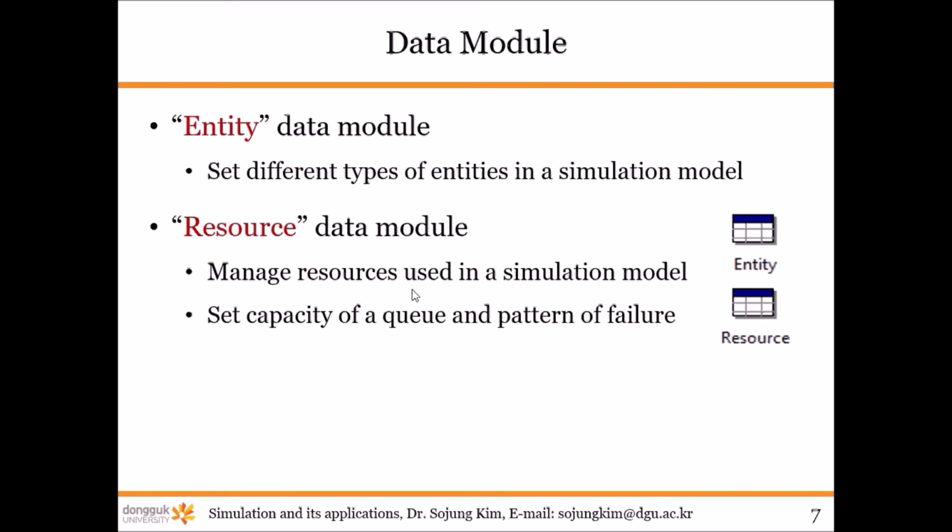Then we also have the resource data module, and you can specify the type of resources using this module. In the previous model 3-1, what did we use? We used the drill press as a resource, right? So you have to specify the resource, the drill press, in this data module.